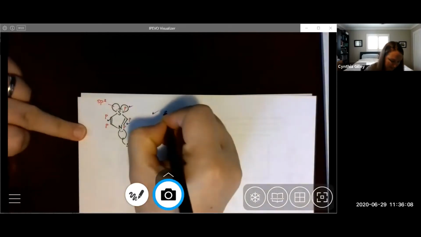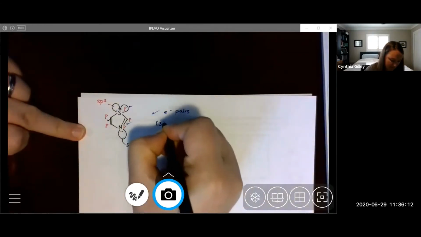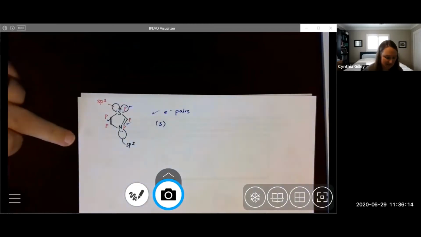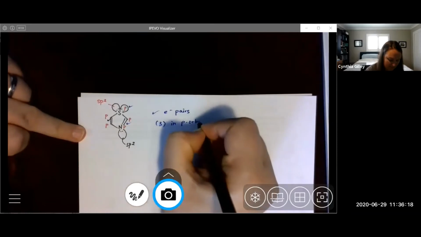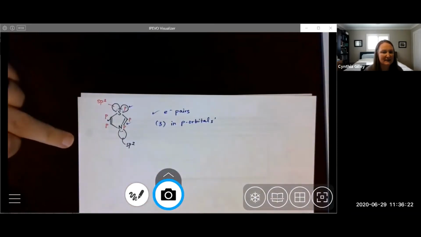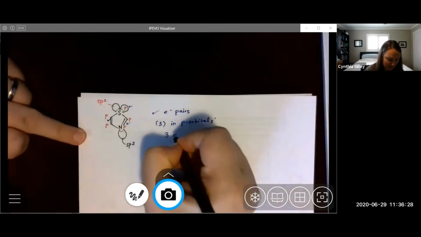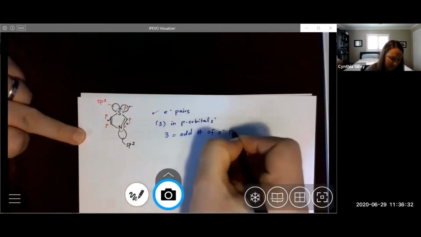We have 3 of those electron pairs in the overlapping p orbital system, called a pi system. 3 is an odd number of electron pairs.